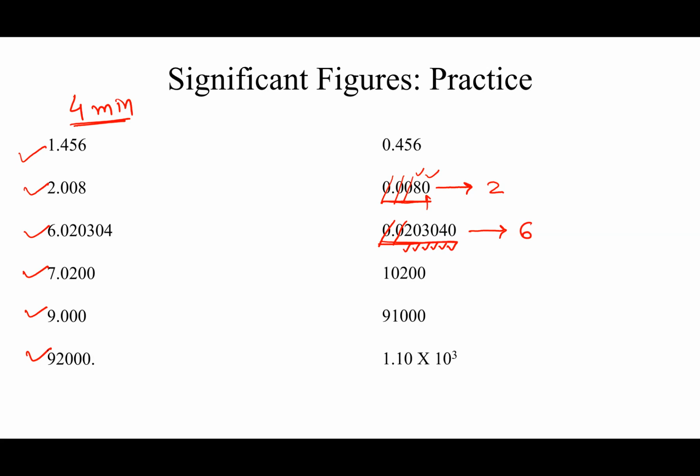Try to find the significant figures for these 6 given numbers. We're going to discuss that first, and then we're going to move on to the next slide. I think I've helped you in every way you may need, so you should be able to answer all of them correctly. But take your time. You have 4 minutes. It's 11:18.